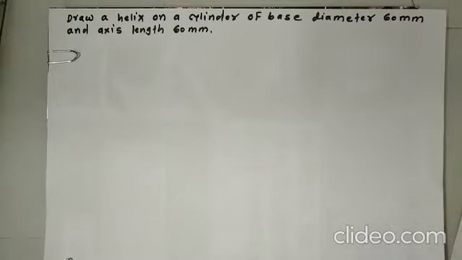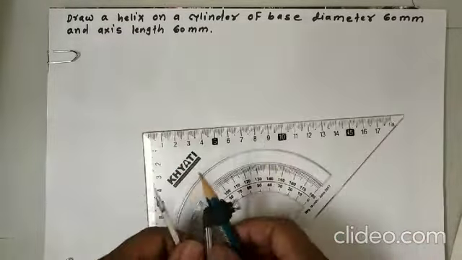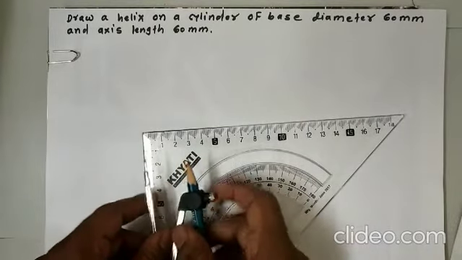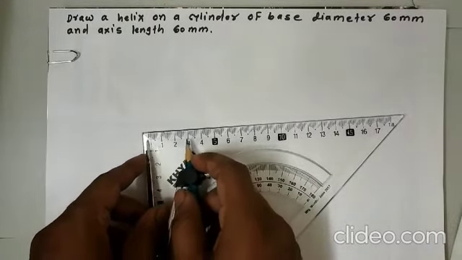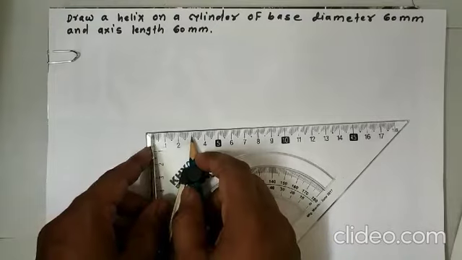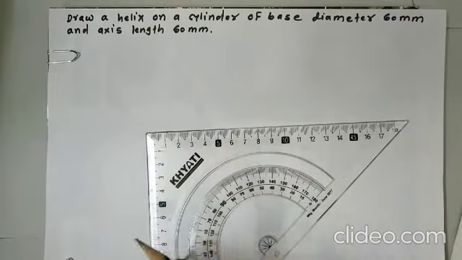Okay, so initially, the cylinder base diameter is given as 60 mm. Diameter 60 mm means radius 30 mm. So take a 30 mm radius and draw one circle.